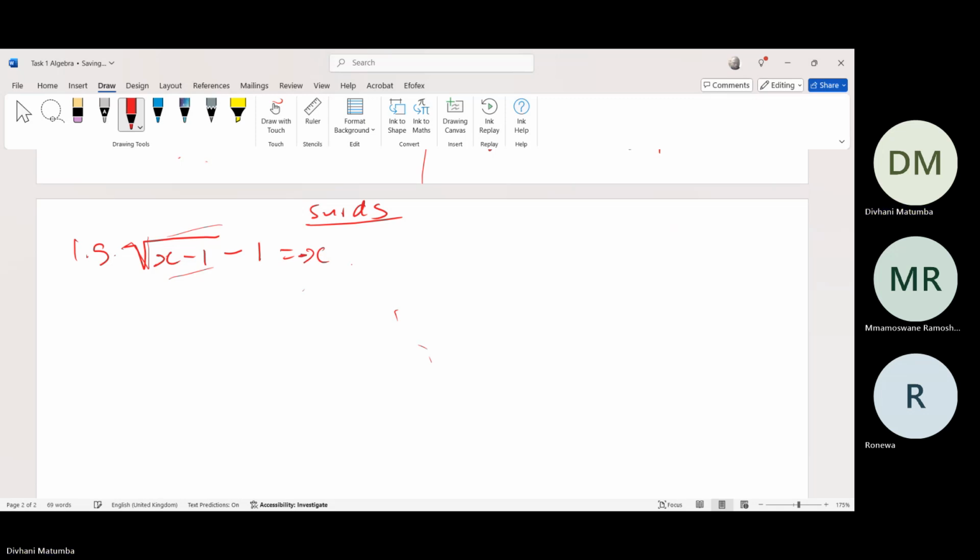So with SADs, we have to make sure that we remove all the umbrellas or all the square roots that we see in the expressions. So how do we go about this one, Ronel? What is the best way? Yeah.